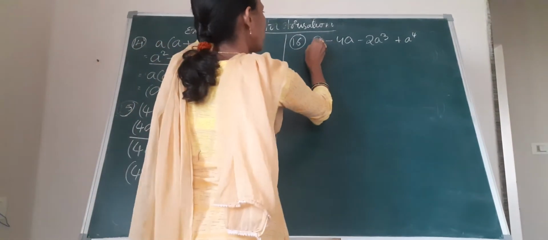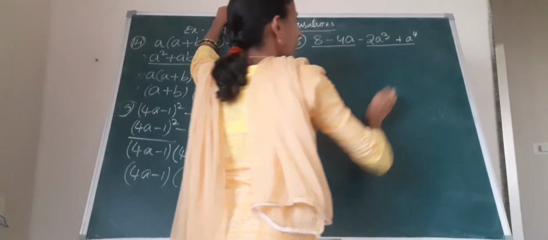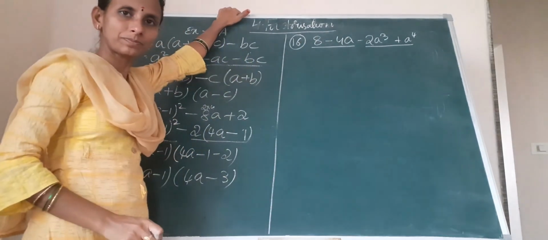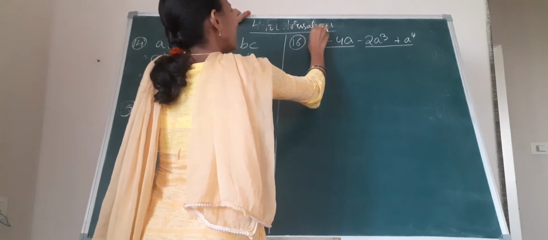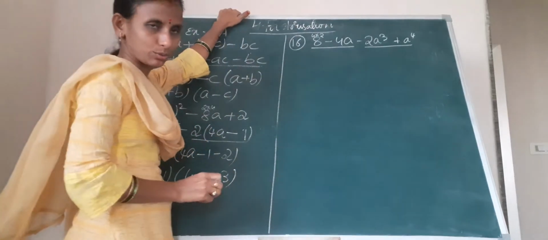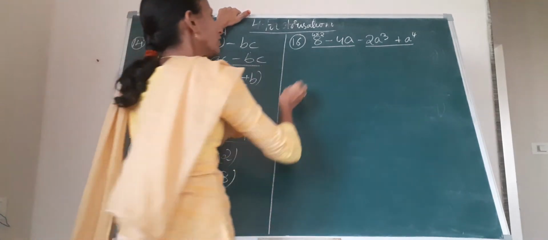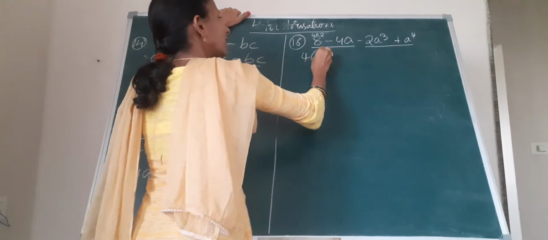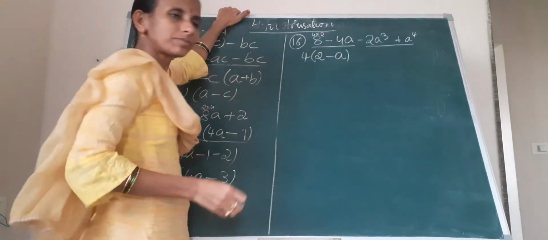So we can take these two terms as one group and these two terms as another group. In these two terms what is common? This 8 we can write it as 4 into 2. So here we have 4. So we can take 4 as a common outside. Now I am taking 4. Here what is remaining? 2 minus a.